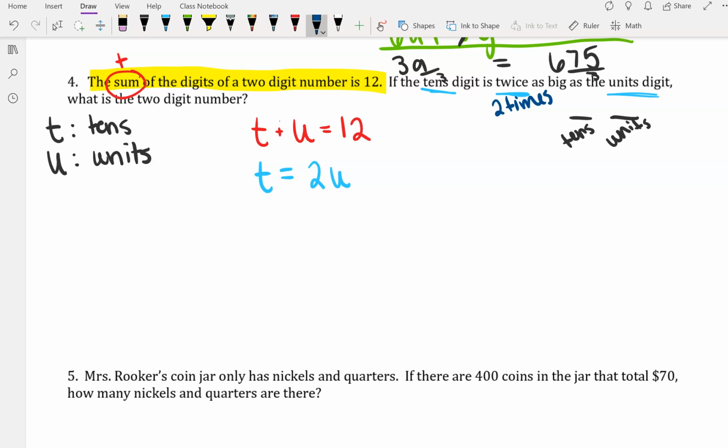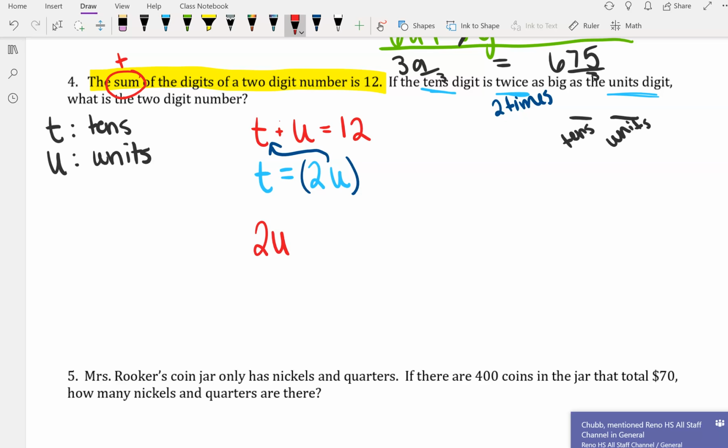All right, this one's really well set up for substitution because you can see that T is already by itself on this second equation, and this 2U is what T is equal to. So I can just sub that in for my T in the first equation. So I replace the T in the first equation with 2U, and then I continue writing the rest of the first equation.